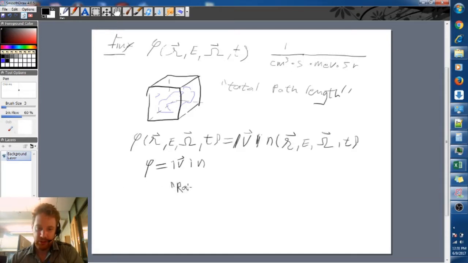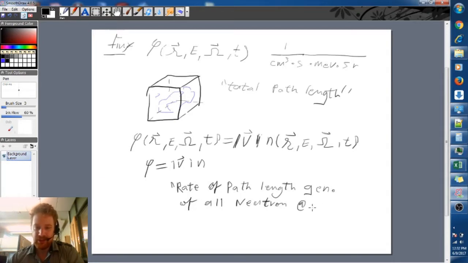The rate of path length generation of all neutrons, and I'm using the terminology here, at, meaning at that position in the state space of the neutrons, at r, E, omega, t.